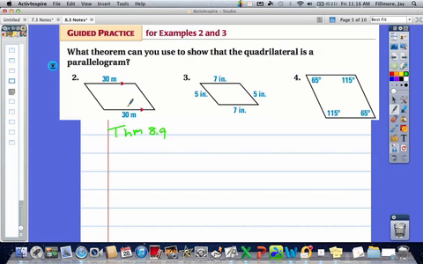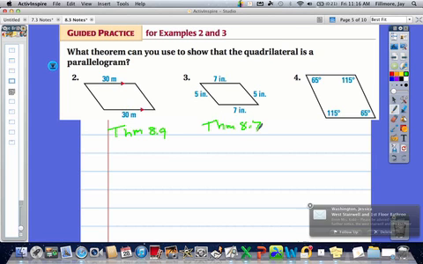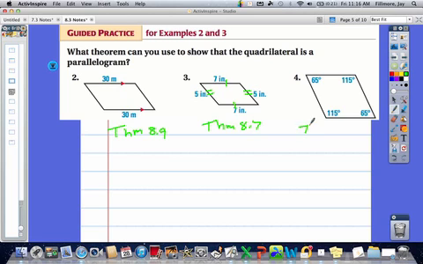For number 3, we have 2 pairs of opposite sides that are congruent. We have 5s and 7s. That's going to be theorem 8.7. That theorem says that if we have 2 pairs of opposite sides congruent, then the quadrilateral is a parallelogram. Much like theorem 8.8, which says if we have 2 pairs of opposite angles that are congruent, we have a parallelogram.